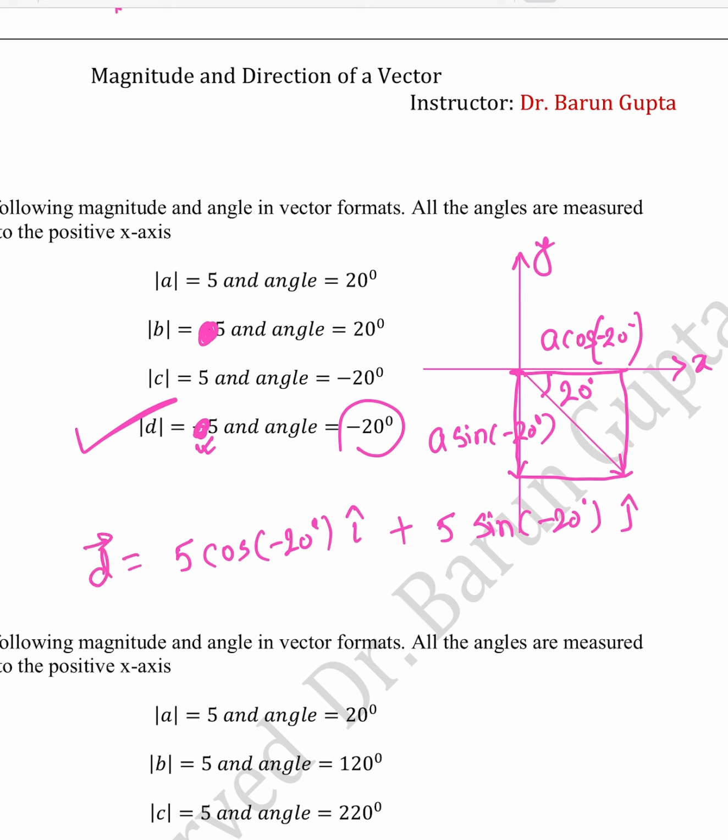Then you simply plug into your calculator and get the answer, and you will see this term will be positive and this term will be negative, which is also very clear on the graph, because this one is positive and the y vector is along the negative. Based on this idea, just do all your problems, and there is a correction here, there is no negative sign here.